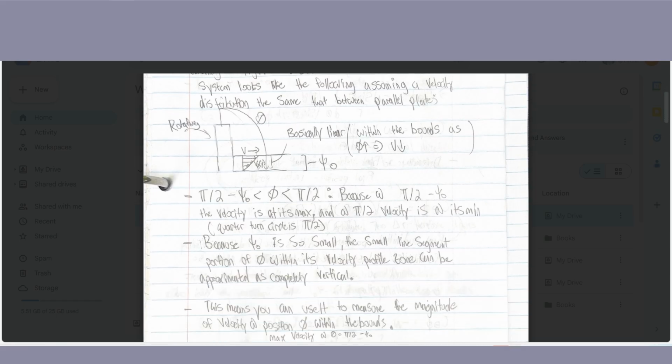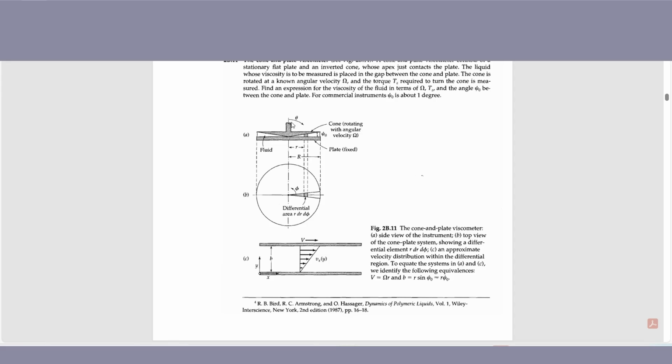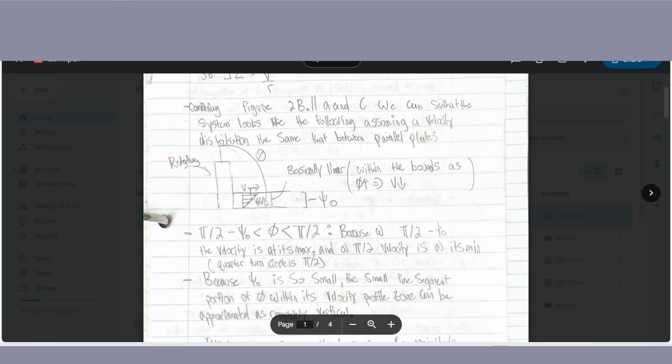And so the range of theta: if you go back to the earlier drawing, theta originates from the top of the rotation thing. So this will be theta equals 0 up top, and at the bottom it'll be theta equals pi over 2, because a quarter turn of a circle is pi over 2 radians, since there are 2 pi radians in a full rotation of a circle.